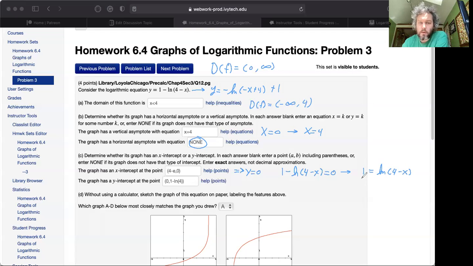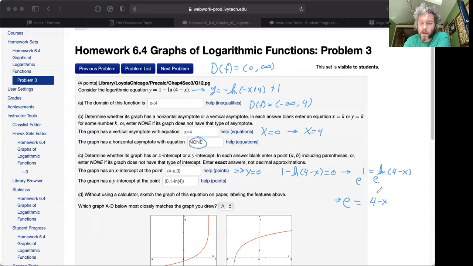Now, how am I going to solve for x when it's inside the argument? This is a technique we haven't quite talked about yet, but you can raise the equation into the exponential. Because this is a natural logarithm, I'm going to write e to the 1 and e to the natural logarithm. And what will happen is I'll just get the number e and then 4 minus x, because they are inverses of each other, they'll undo each other.